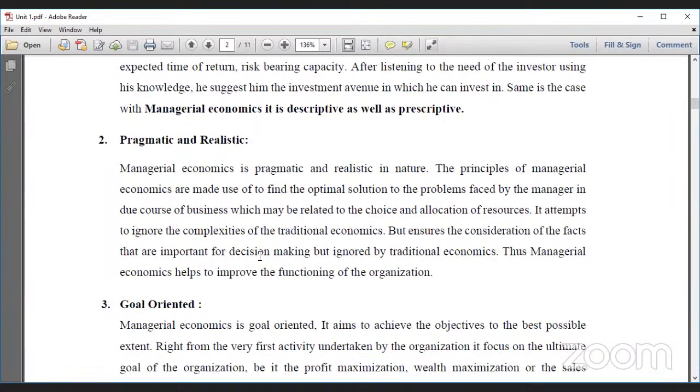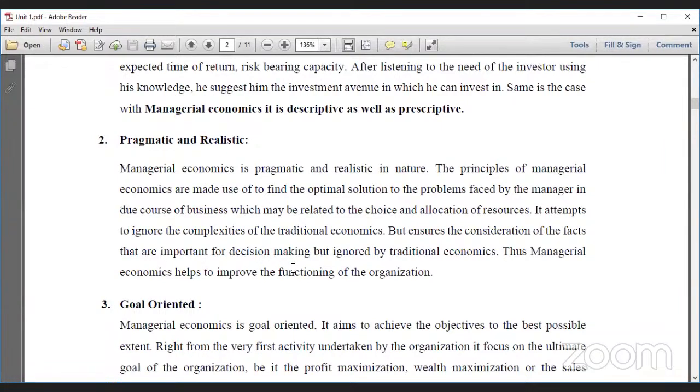It is based on reality, on what is happening and what should be the solution. It is not imaginary in nature, and it always focuses on the problems which are actually happening in an economy.